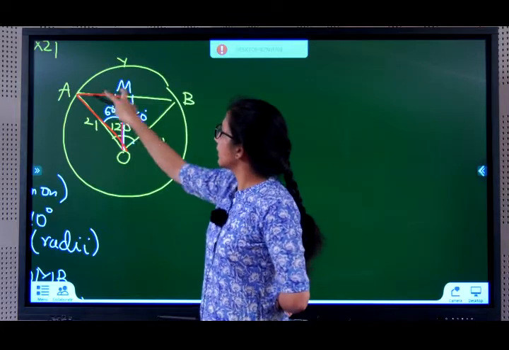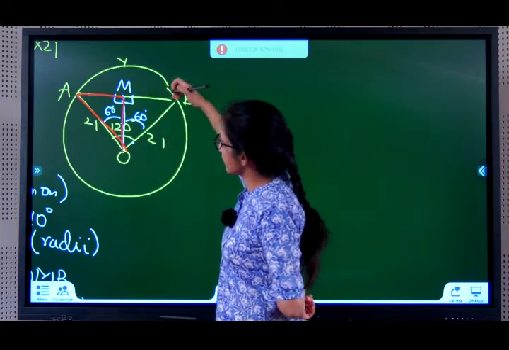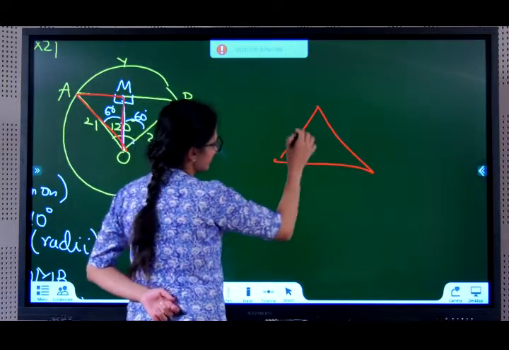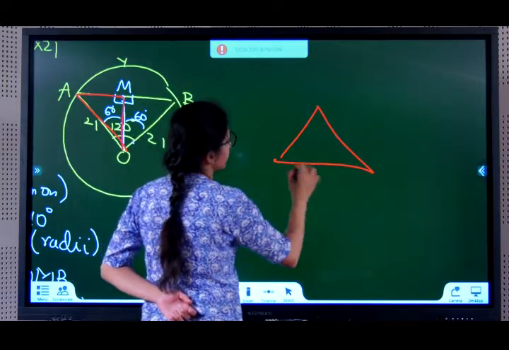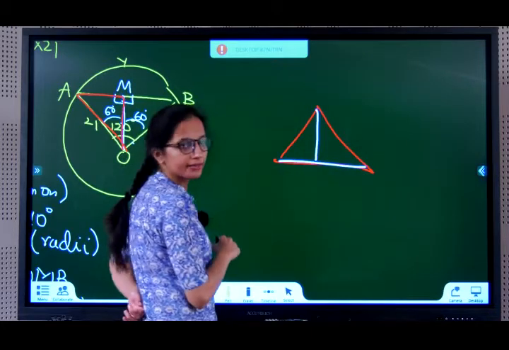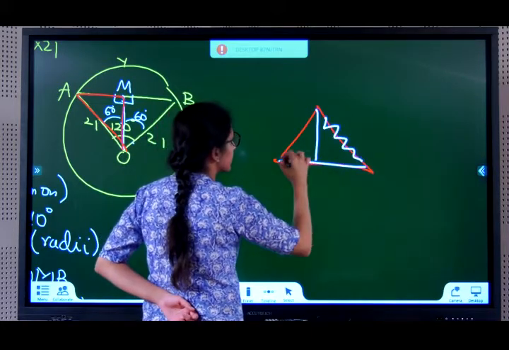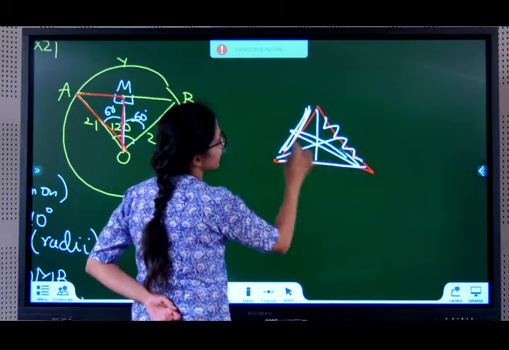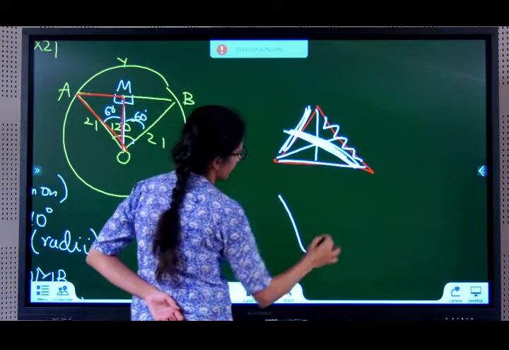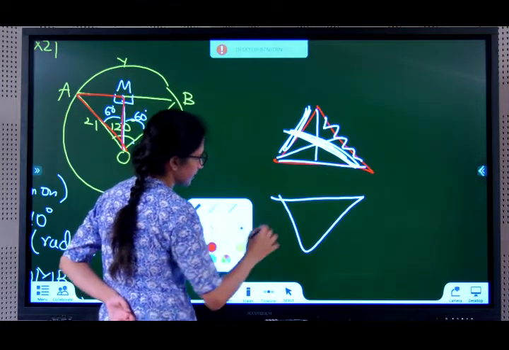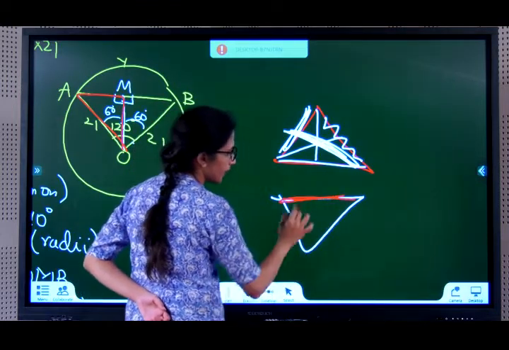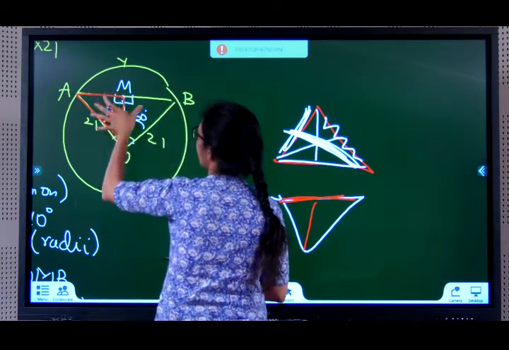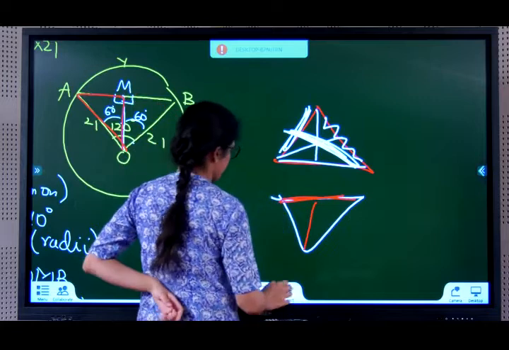AM and BM, I know this whole side, that's the base, and this is the height. If this is your base, then this will be the height. So in this triangle, if I am taking this as my base, the height is the opposite vertex dropped perpendicular to it. So I need OM and this full length AB.